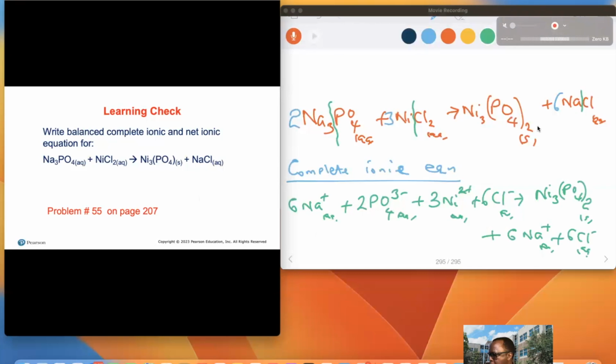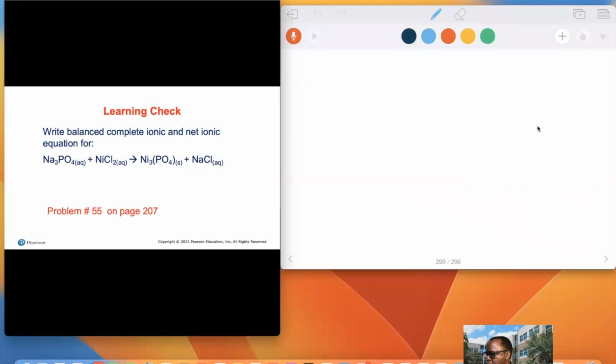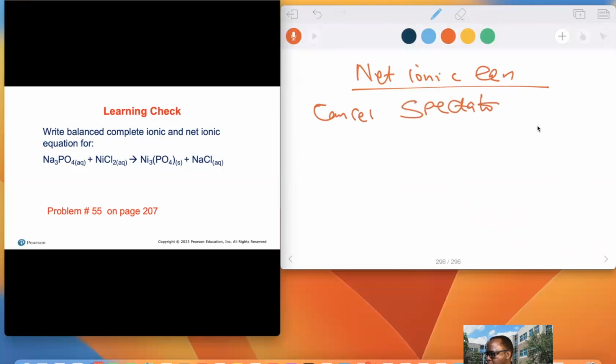And then the net ionic equation, all right. For the net ionic equation, you need to cancel what we call spectator ions. What are the spectator ions?